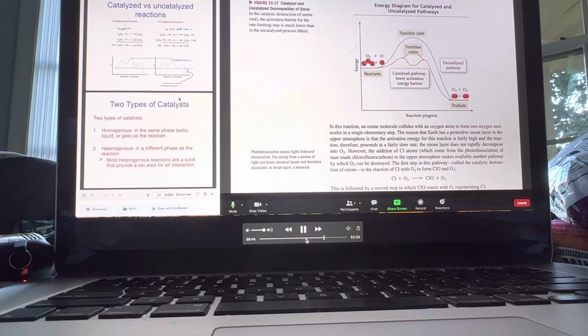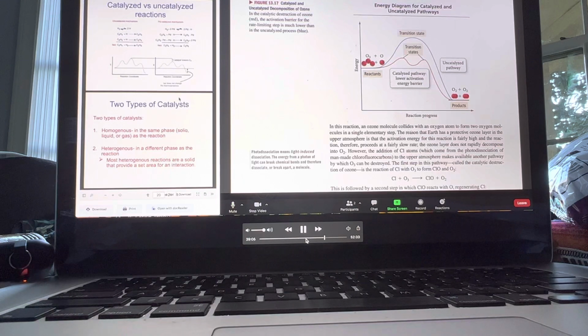Based on this graph, the uncatalyzed one has the higher activation energy. Yes, so that's why it's slower.